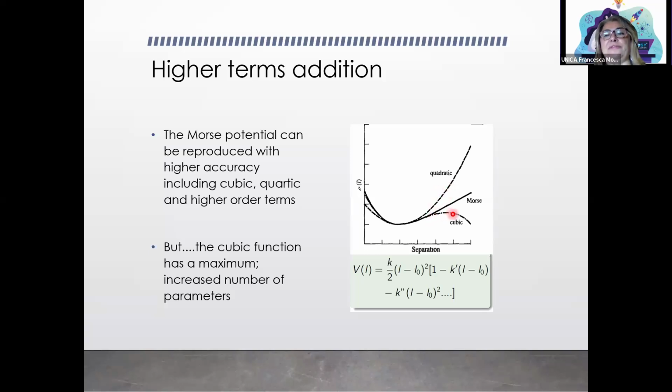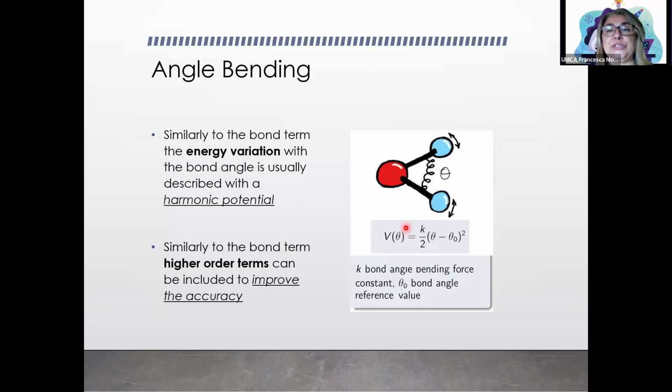So if the bond stretches beyond this distance, there will be a decrease in the energy at increasing distance, which does not correspond to the real behavior. Other higher order terms can be added to correct that behavior.